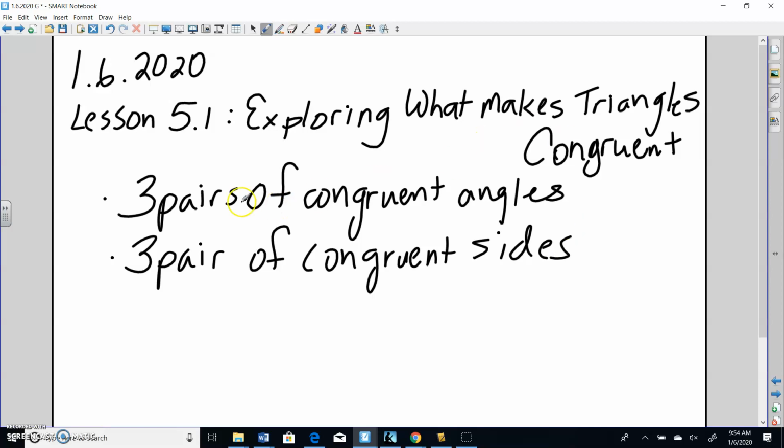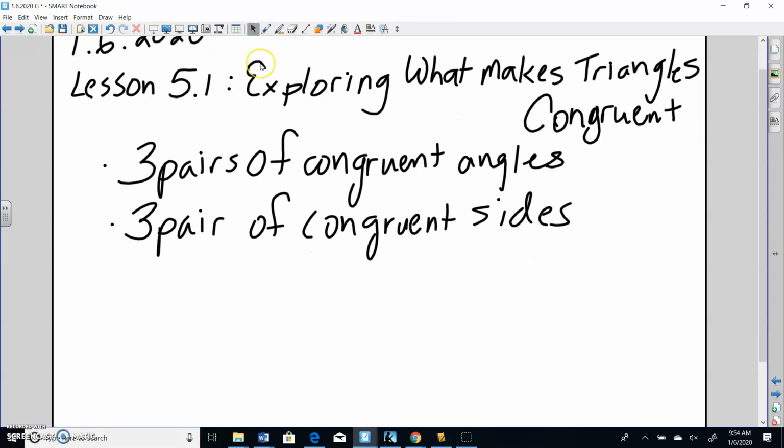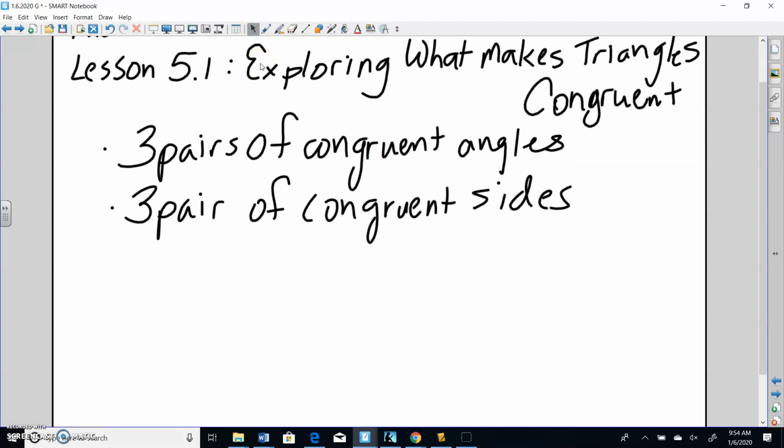And if this isn't the case, if we don't have three pairs of congruent angles and we don't have three pairs of congruent sides, then the two triangles are not congruent. And you can usually identify that fairly easily when you're looking at a diagram or a picture of two triangles. So let's talk about how that might appear in two figures.